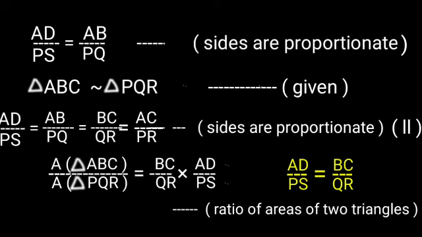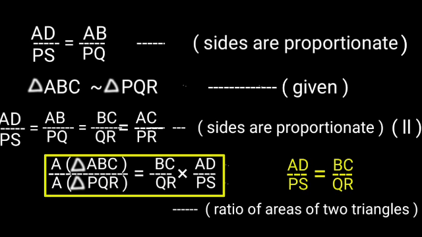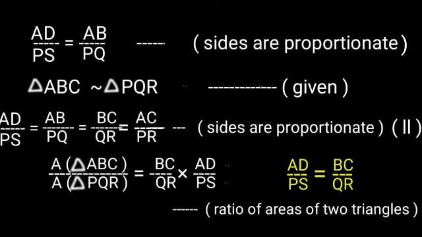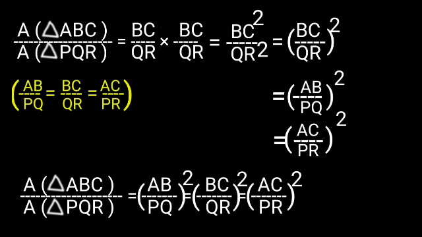The ratio of the area of triangle ABC and the area of triangle PQR is base into corresponding height: BC into AD upon QR into PS. But AD upon PS is nothing but BC upon QR. Hence we substitute the value BC upon QR instead of AD upon PS.